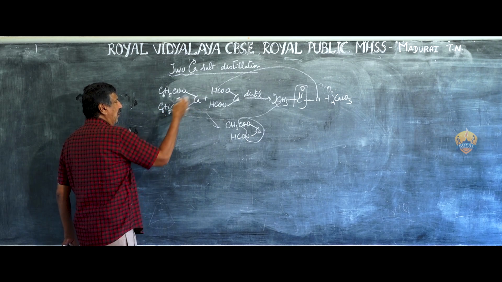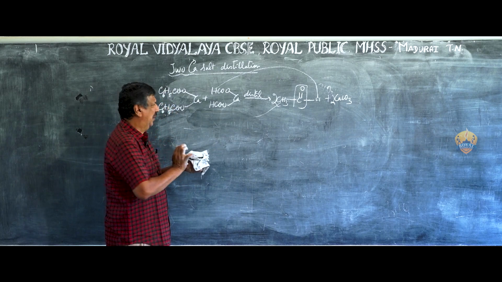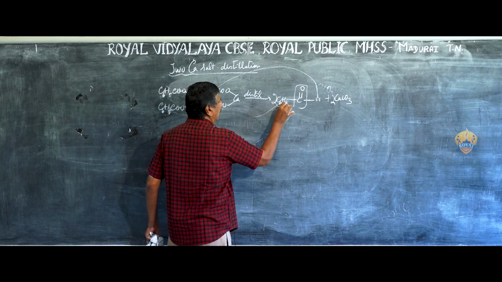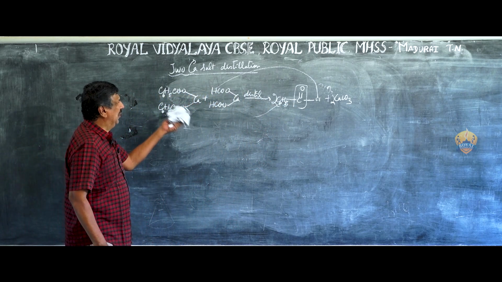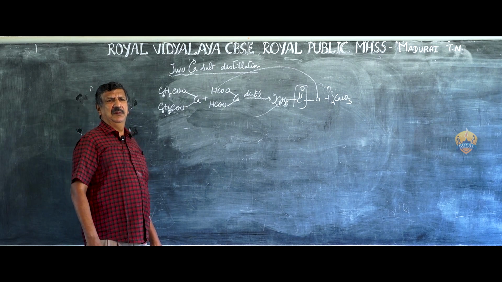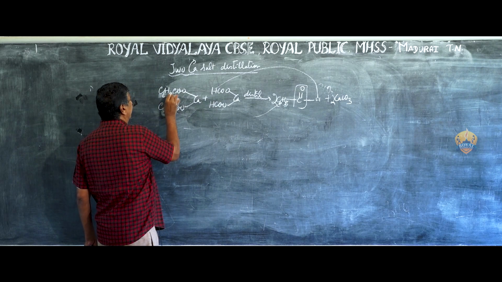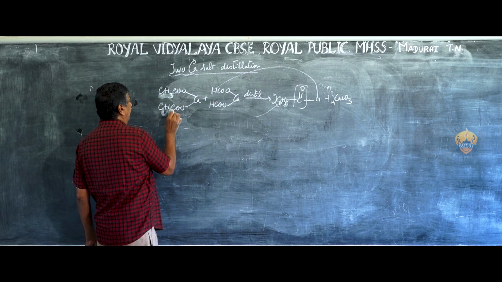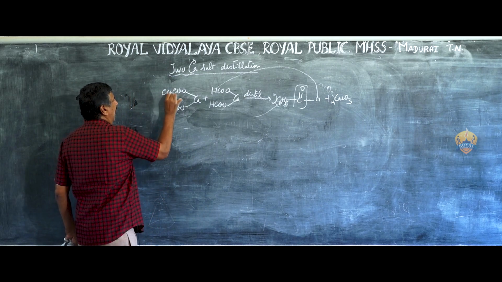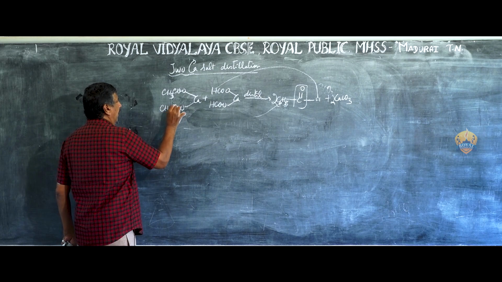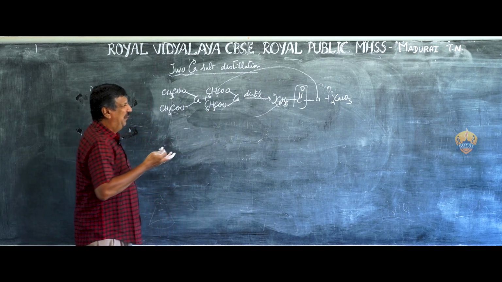If somebody asks you calcium benzoate with calcium formate, what will I tell you? That's all. You see, benzaldehyde. The answer is benzaldehyde. Then if somebody asks you calcium acetate with calcium benzoate, I hope you feel very easy.